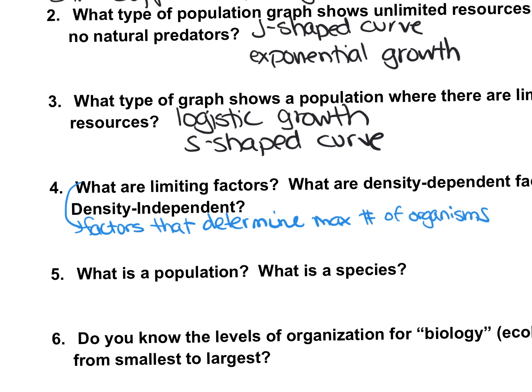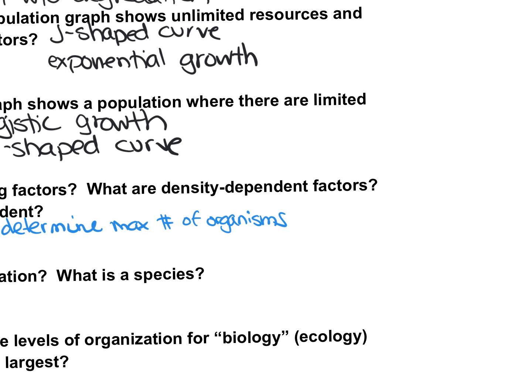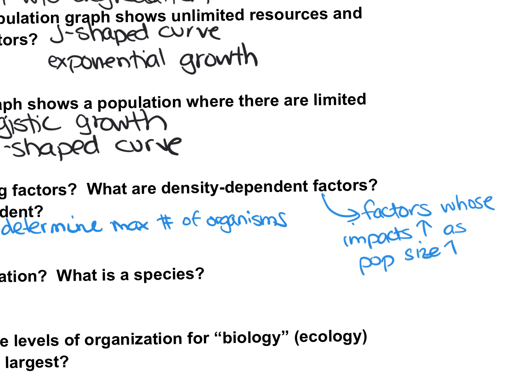What are density dependent factors? What can you tell me about density dependent? Impacted by the size of population. Well, it's the factors whose impacts increase as population size increases. Usually biotic.